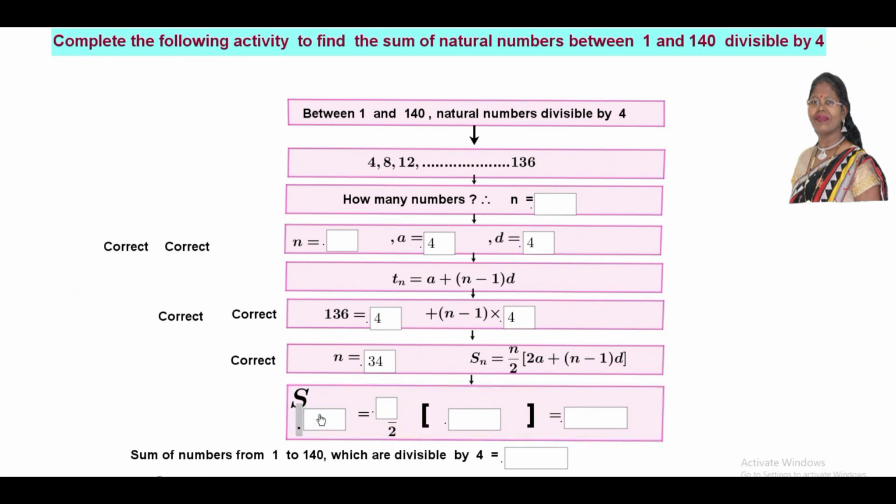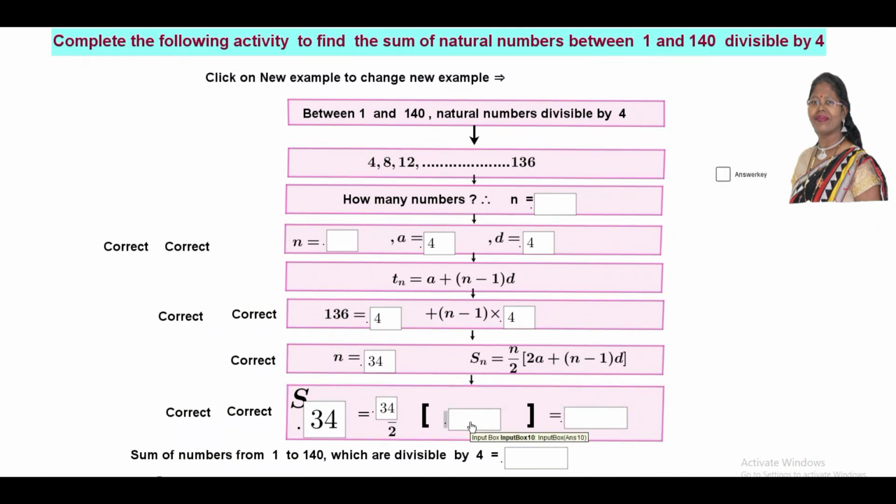Here the Sn formula is given. So I can write n as 34. Here also n is 34. We can find S34 with the help of this equation. Here we get 2380. Yes, it's correct. If you write the correct answer, you will get correct here.